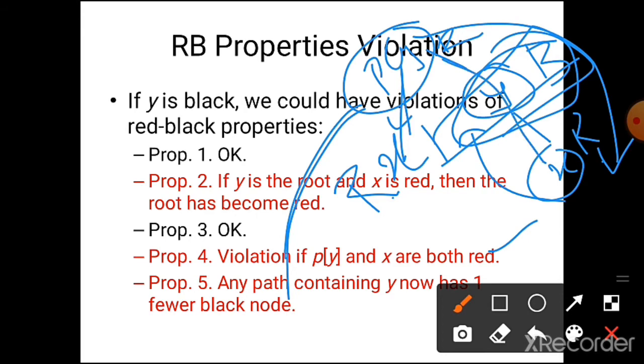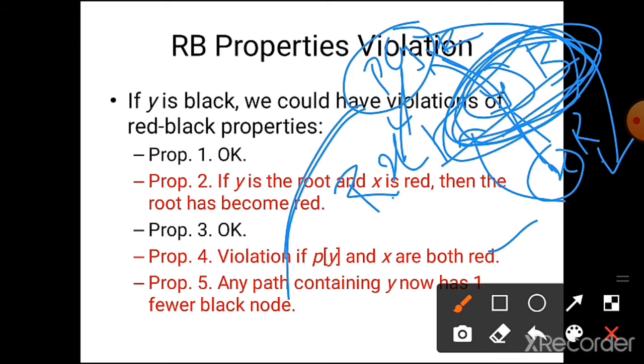So the fifth property will be violated, because the fifth property says that all paths from root to descendant leaves have the same number of black nodes, but this path contains fewer black nodes because we removed this black node, so it violates the RB properties, and we need to fix it.